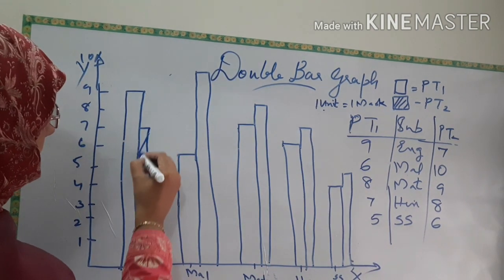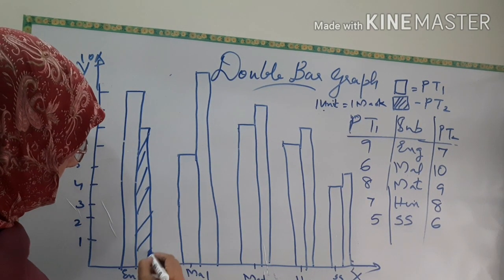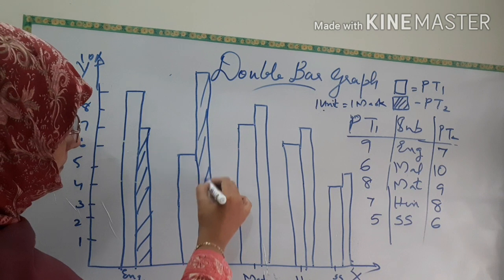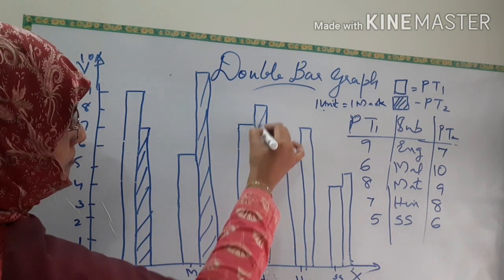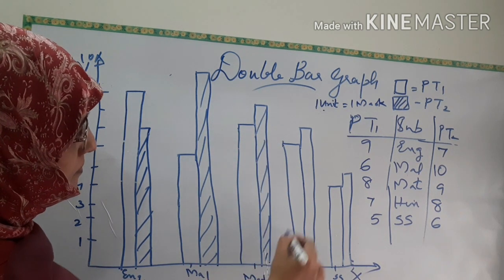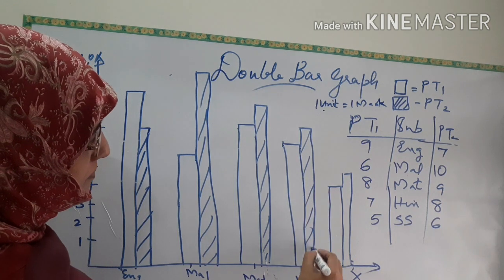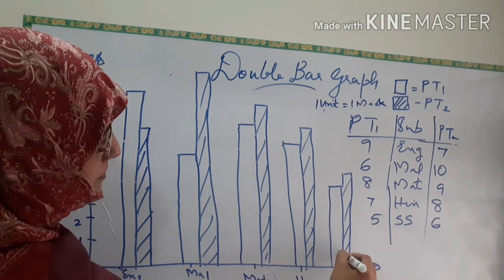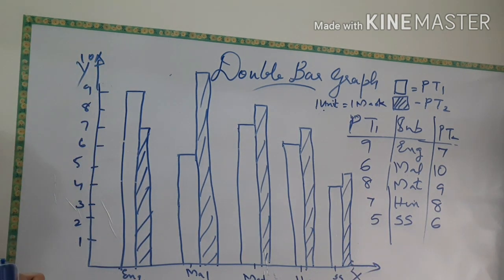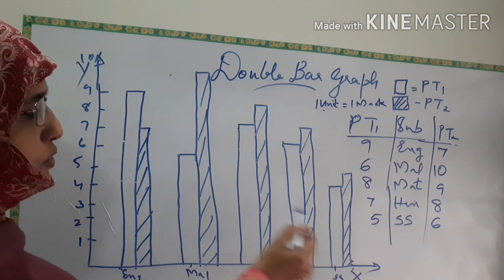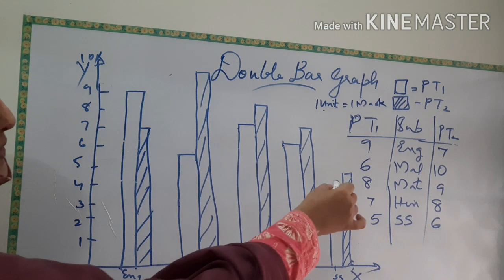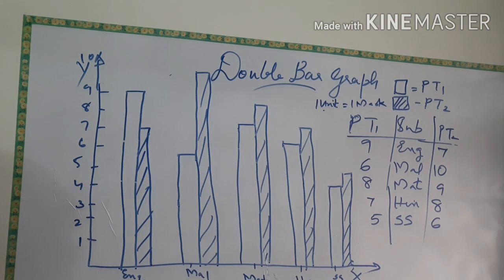So shade the second one. Okay, now you can clearly understand that the shaded bars are the marks of the periodic test 2 and the other blank bars are the marks of the periodic test 1. So hope you understood how to draw it.